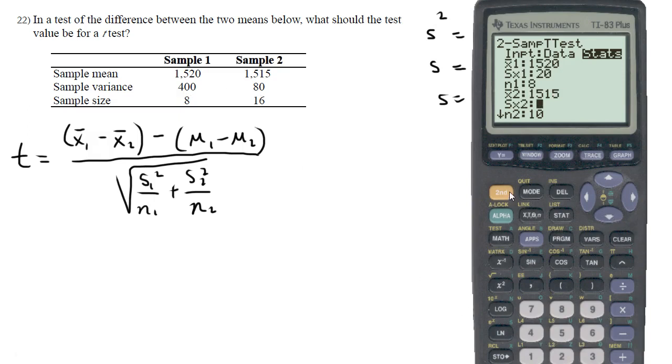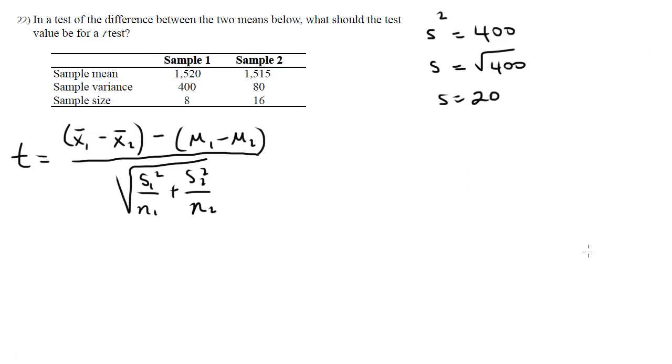The standard deviation is the square root of 80. And then N2 is 16. Doesn't matter. We're just looking for the t-value. 0.6742 is what we expect to get, or something close to that because of the approximations with the calculator.